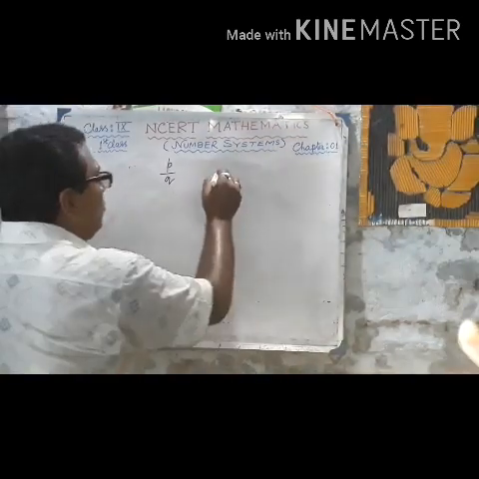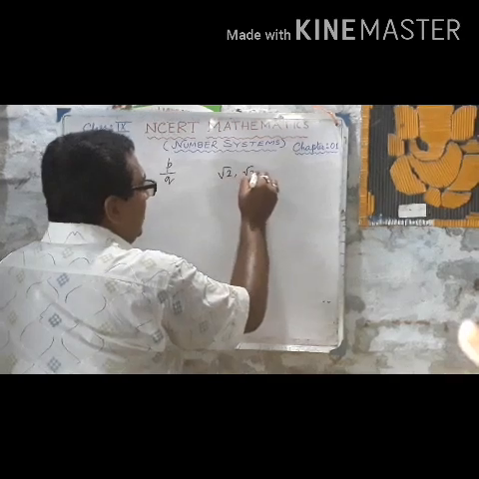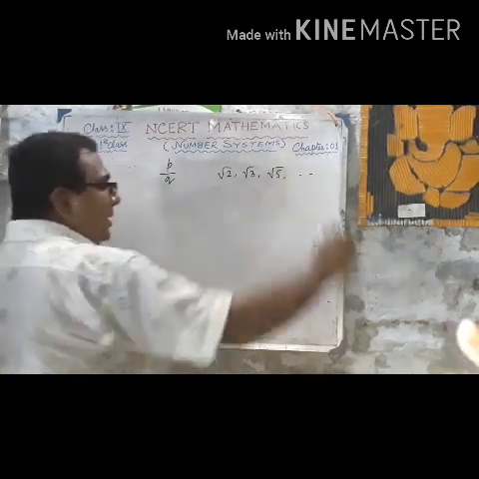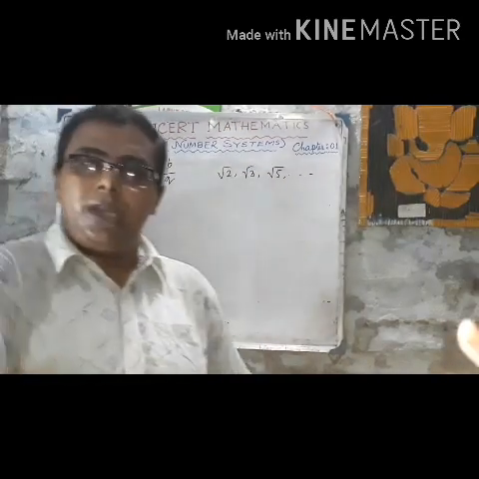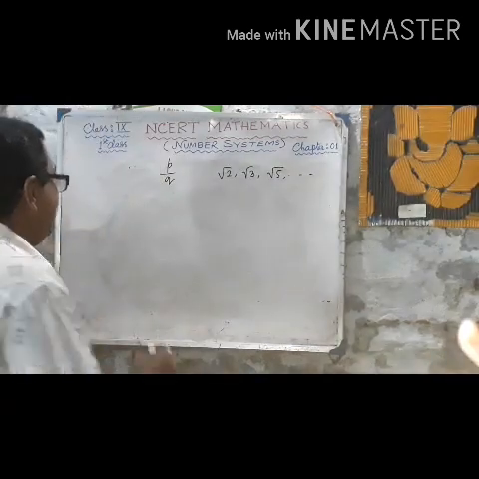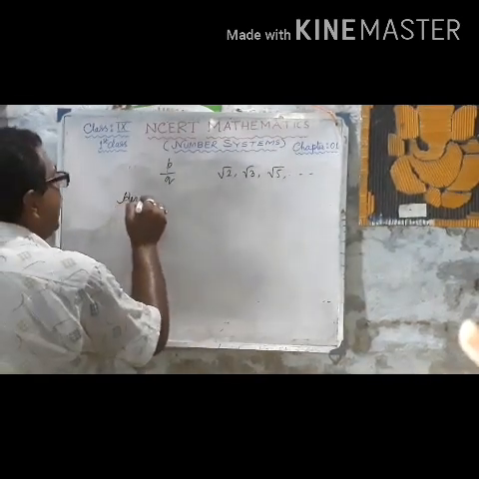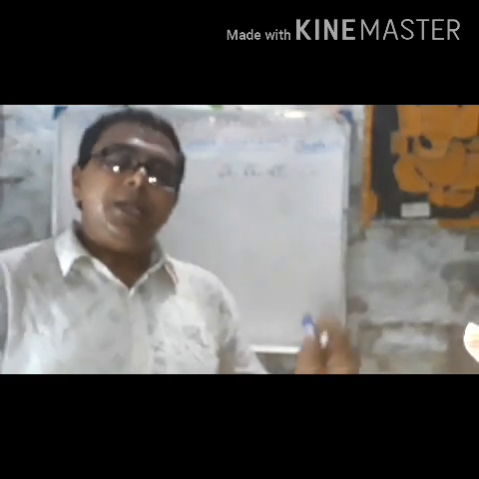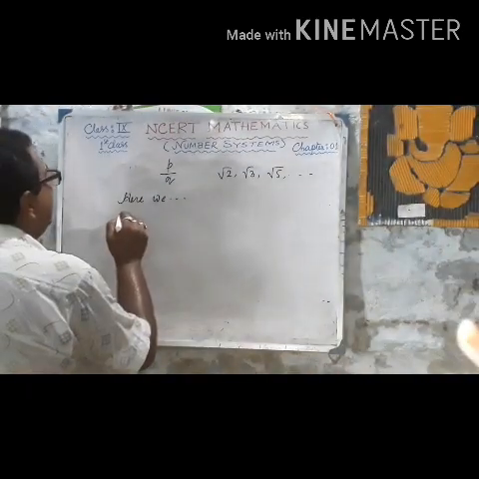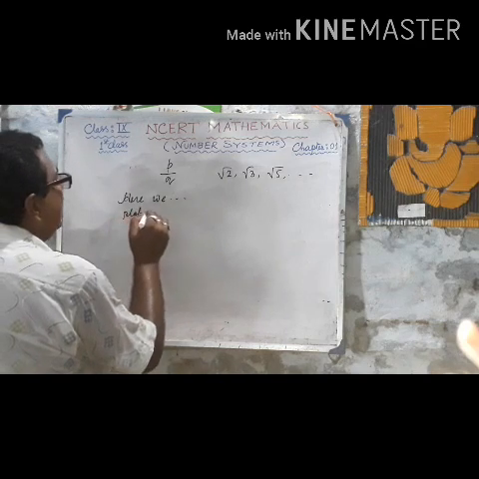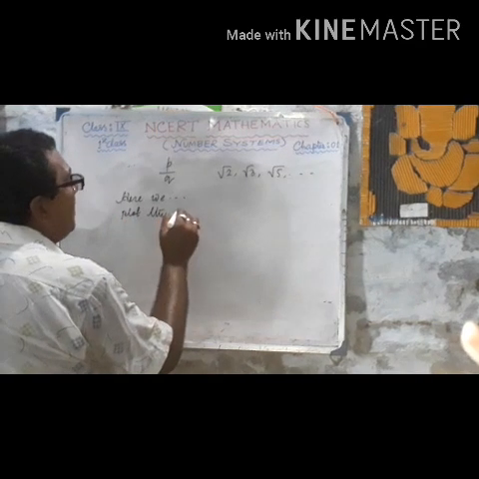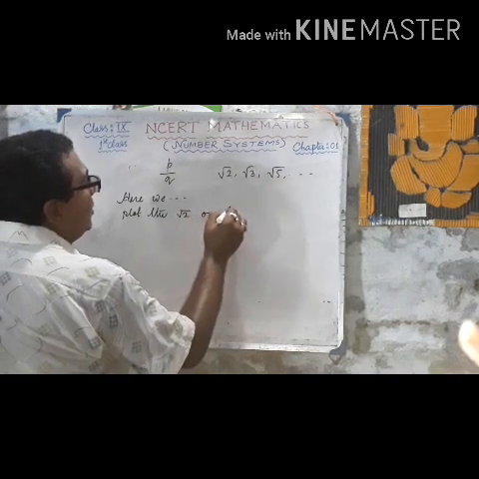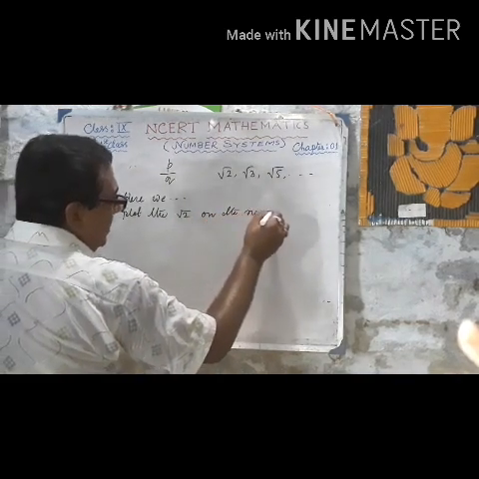For example, root 2, root 3, root 5 are all irrational numbers. Here we have to discuss plotting irrational numbers on the number line. The question is, plot the irrational number root 2 on the number line.